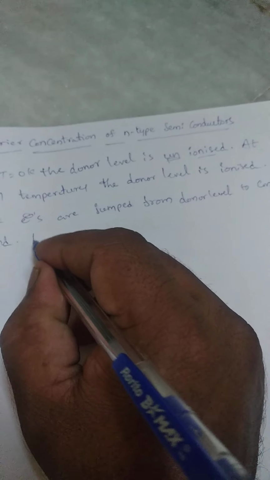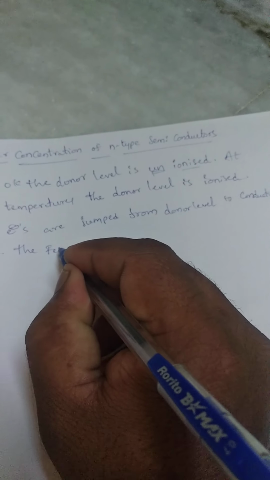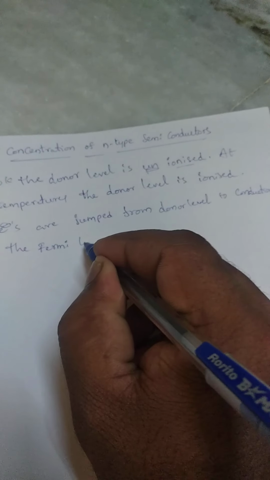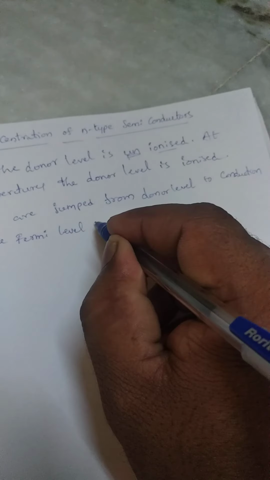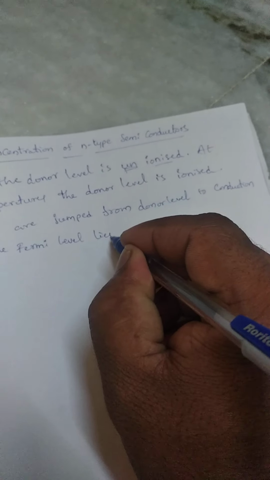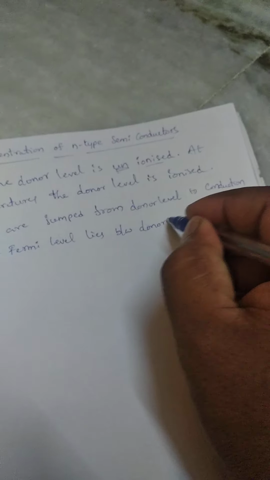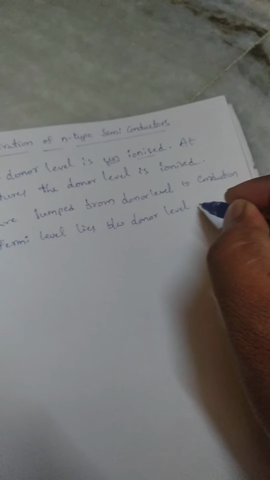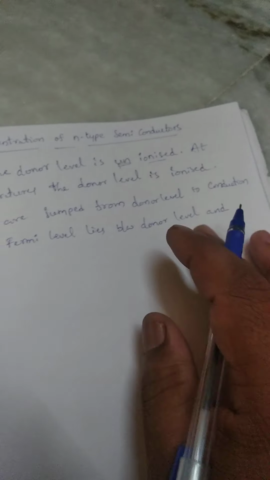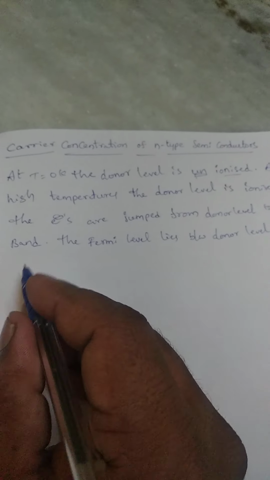So, the Fermi level lies between donor level and conduction band.